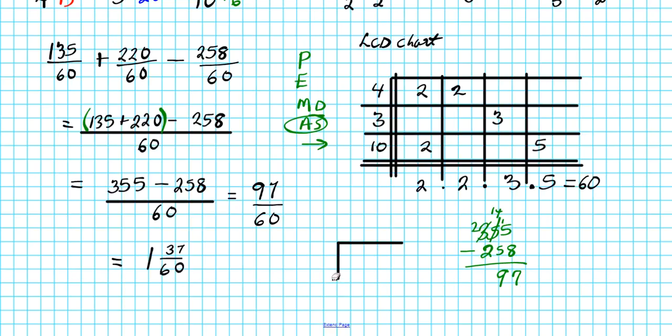I think it was 1, 2, or 1, 1. You have 97 and 60. So 60 goes there just once. 1 times, and then you subtract this. You get 37 as your remainder. Okay? So that's how we have one whole number, 37 over 60, as our final result.